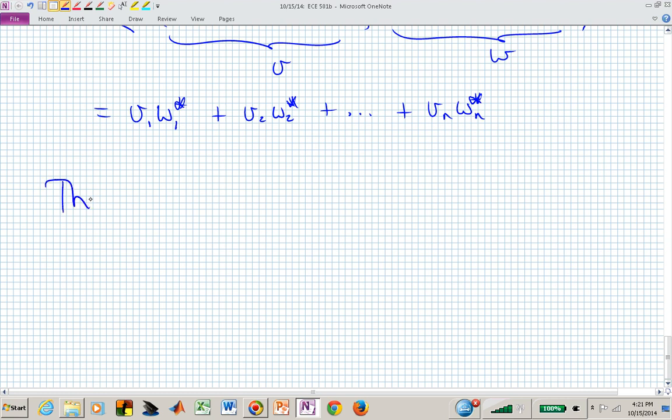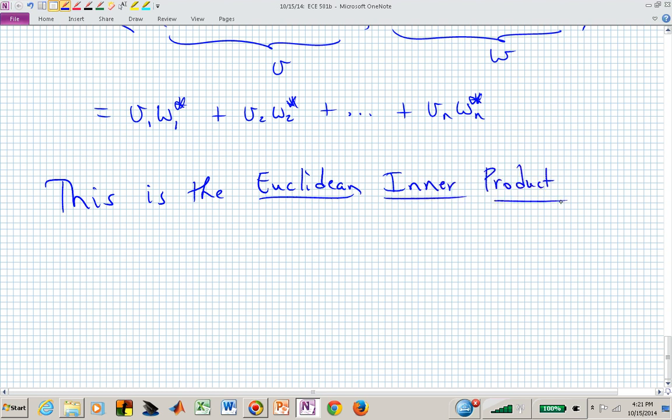And this is actually the Euclidean inner product.